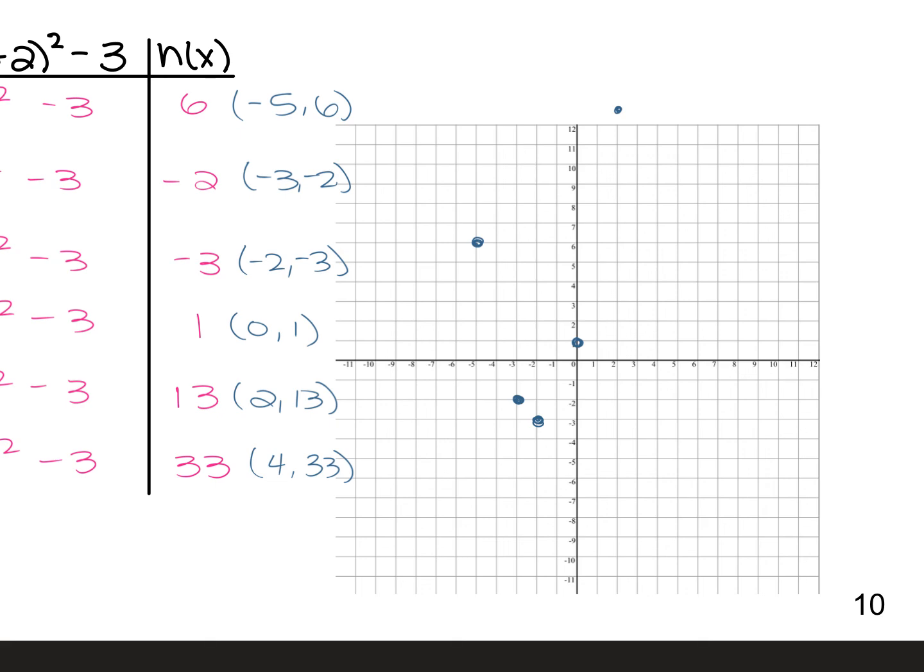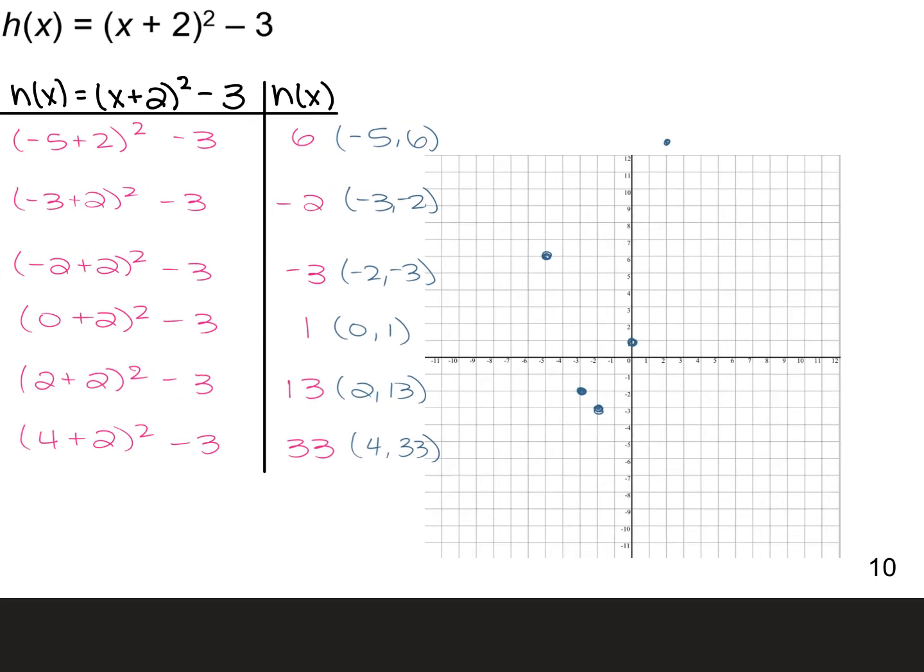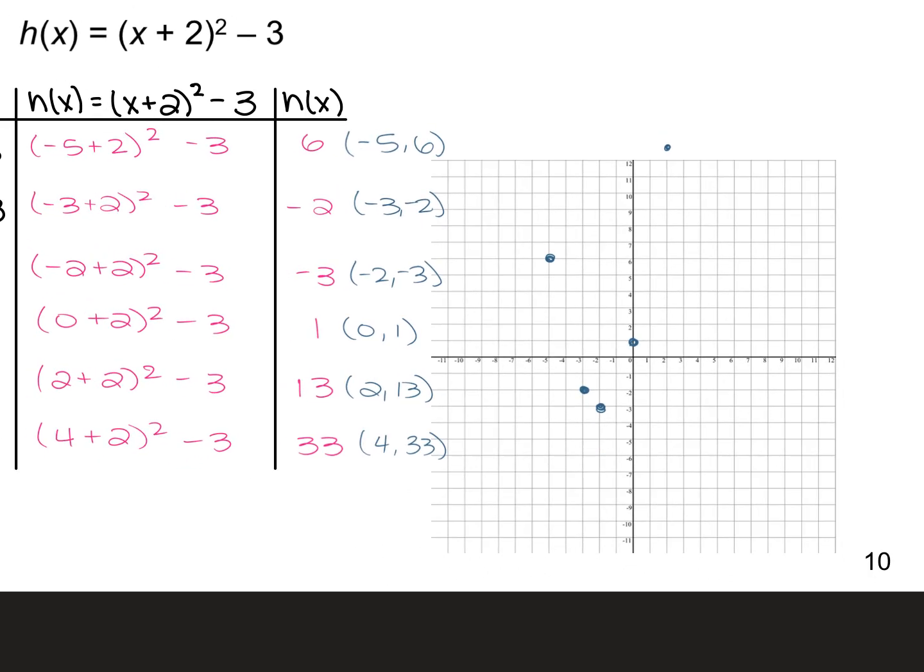So you'll see here that we have a curve that's happening, and then we have this random point. This random point that's on your y-axis, let's look at that and reevaluate this a little bit. So that 0, 1, you have 0 plus 2, which is 2. 2 squared is 4. 4 minus 3 is definitely 1.